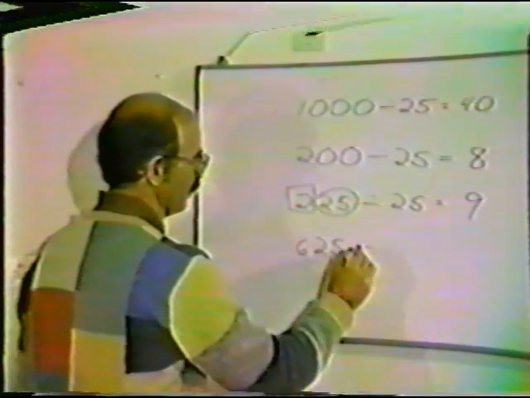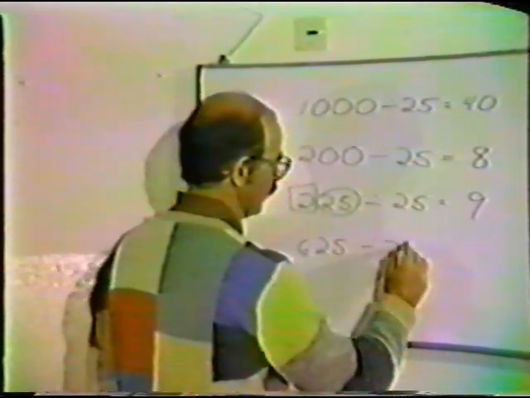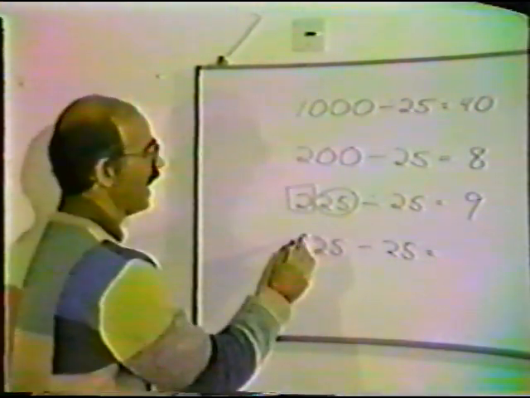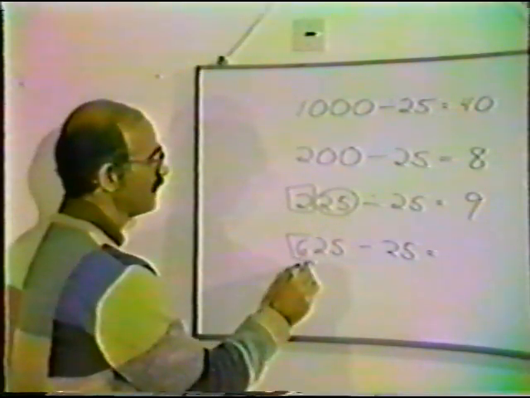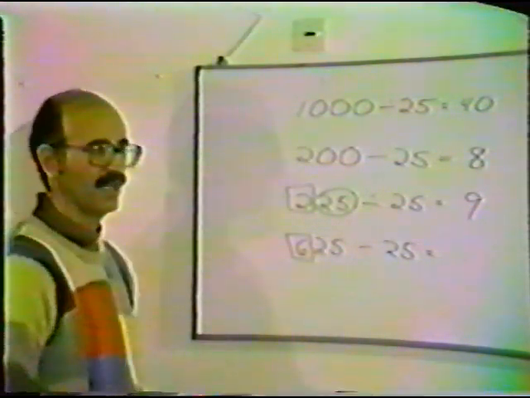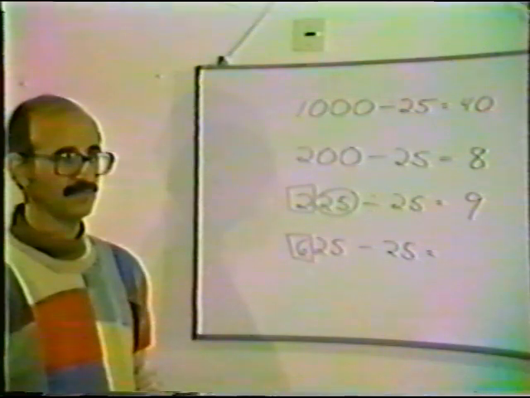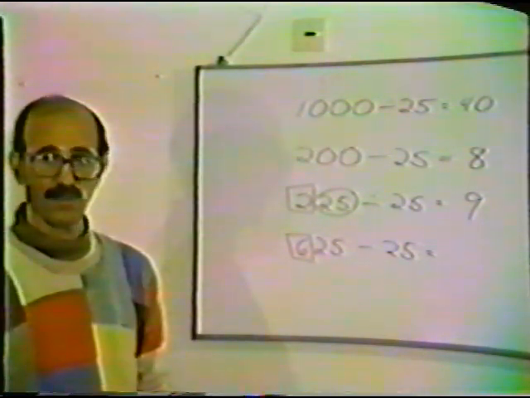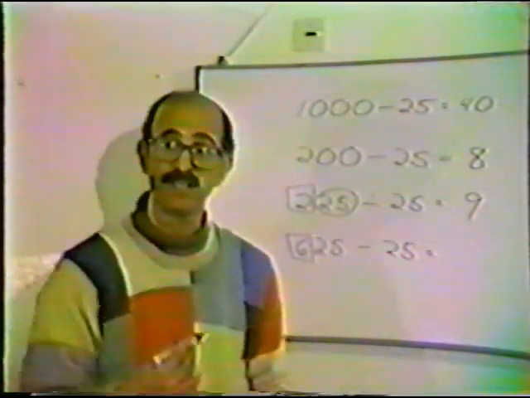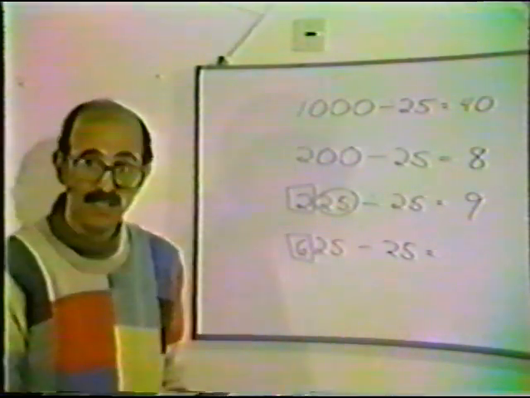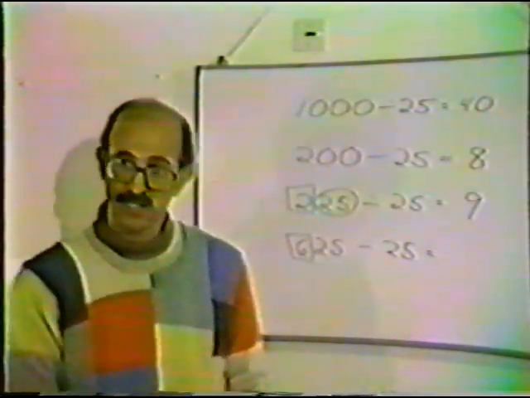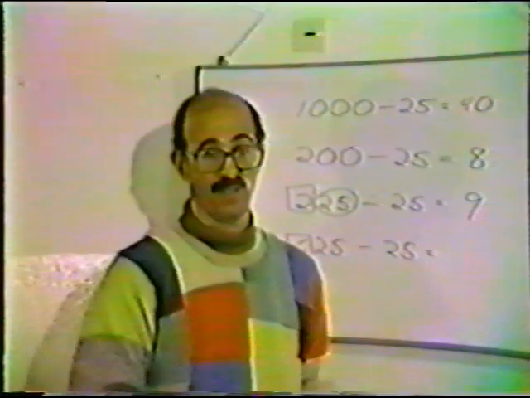625 divided by 25. How many 25s in 600? 24. 24, because there's 4 in each 100, and you have 600, so you have 6 times 4 of them.